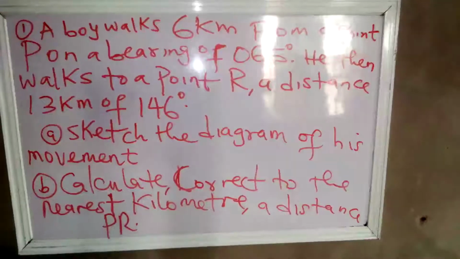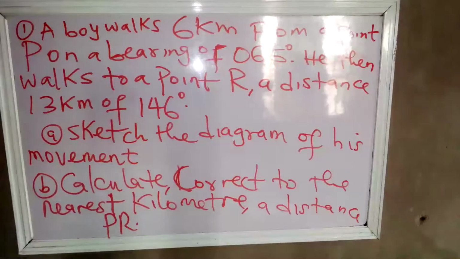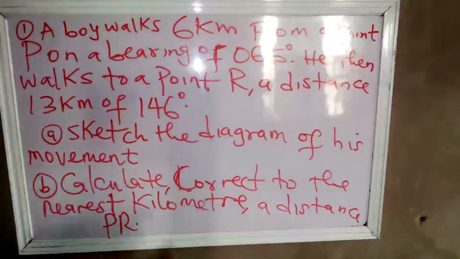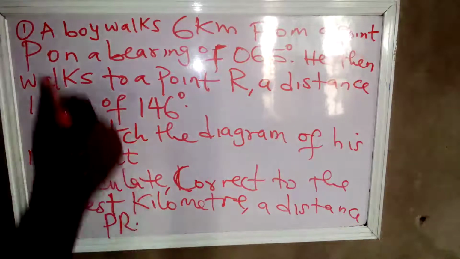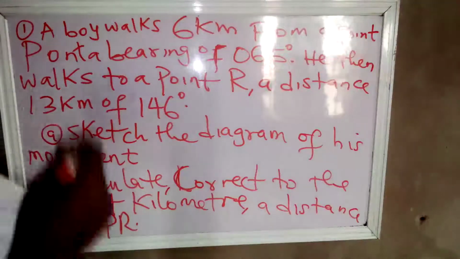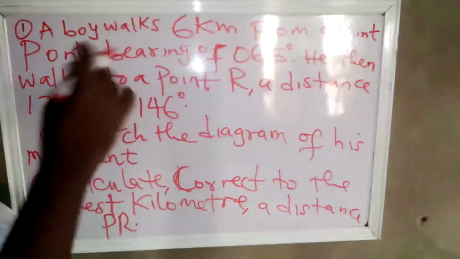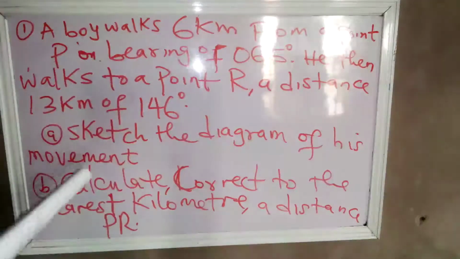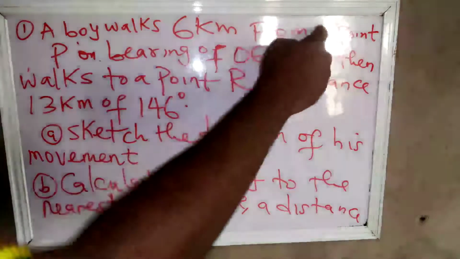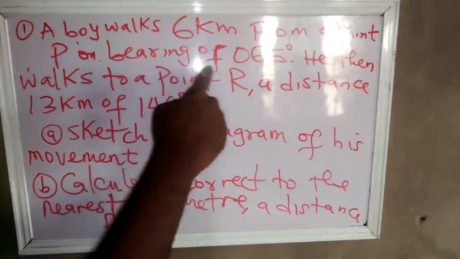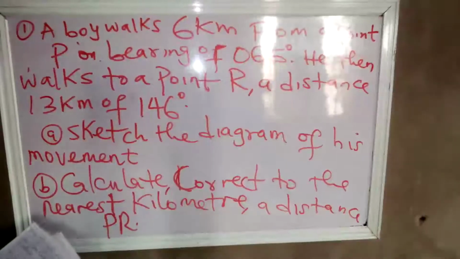Let us look at this question on bearing. A boy walks 6 kilometers from a point P on a bearing of 065 degrees, that's 65 degrees.